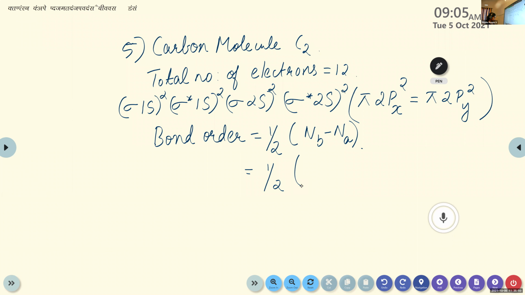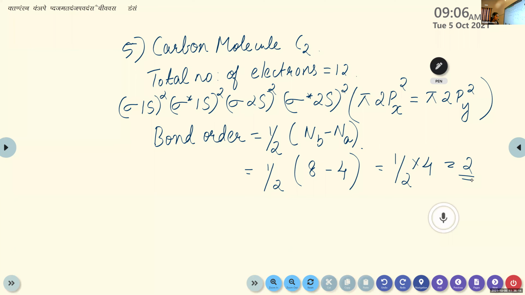Tom Sinton, can you tell me? 8. Nb is 8, right? Yes, ma'am. Okay, 8 minus, what about anti-bonding? 4. Okay. Half into 8 minus 4, so half into 4, that is equal to 2.